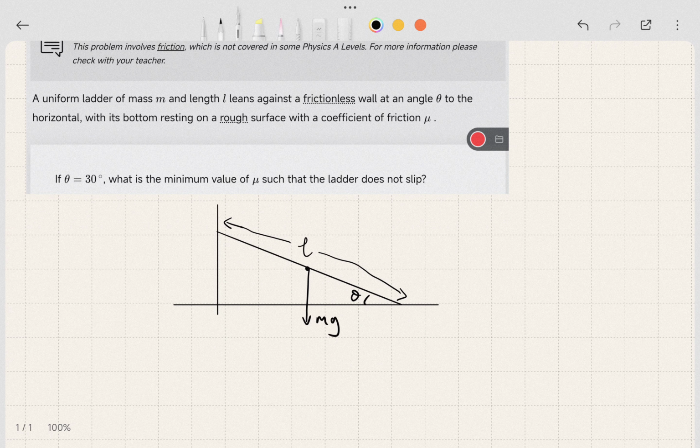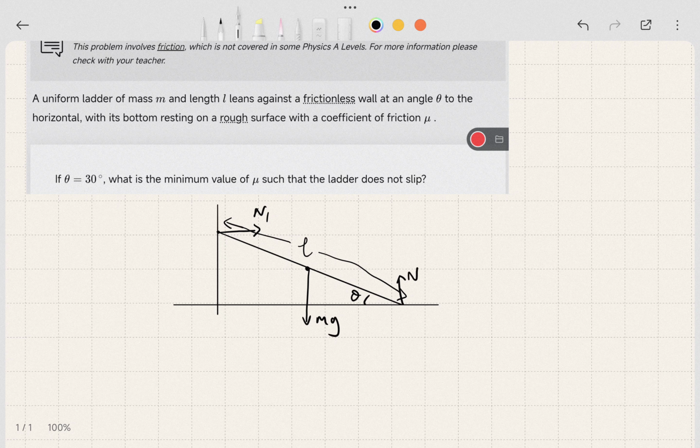So here what we do is we need to label a free body diagram. And so the two forces that are not yet present in this free body diagram are the normal forces: one acting on the vertical wall, away from the wall, let's say N1, just to make it clear, and another normal force.